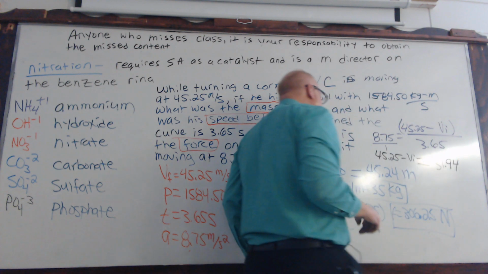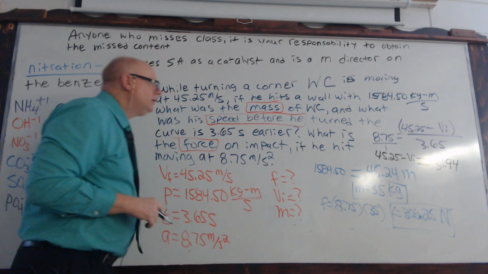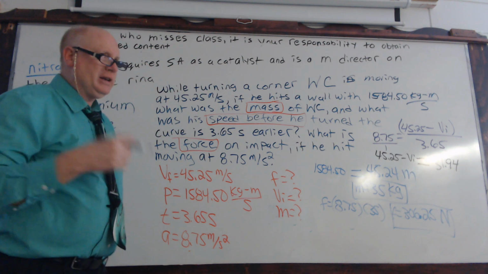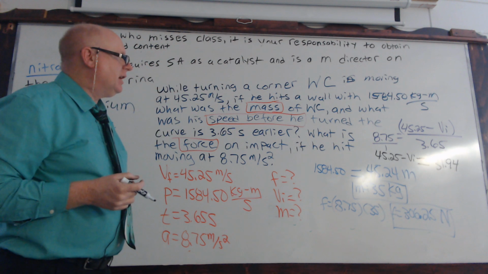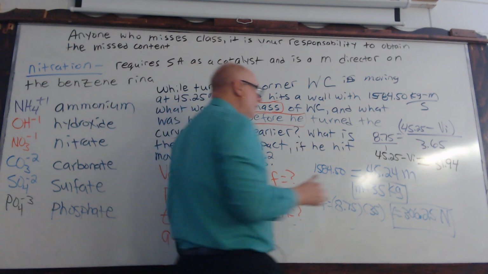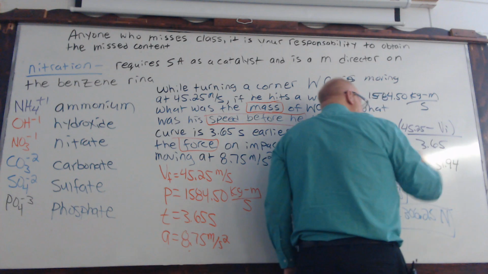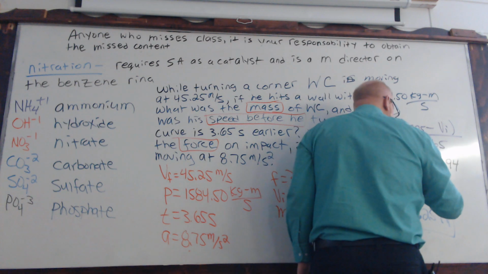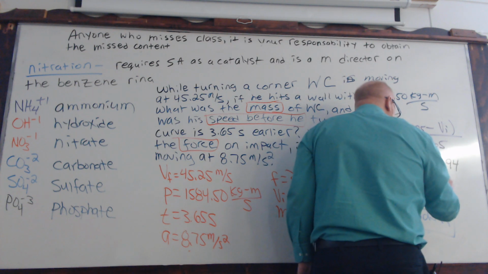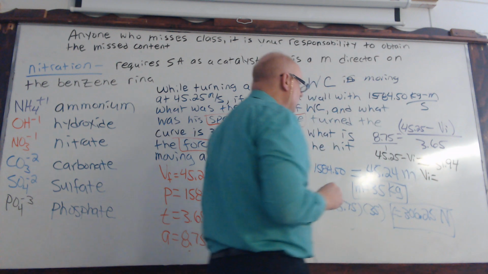So we got to get that VI all by itself. We would subtract each side, but that gives you a negative value. It's also negative on this side. So if it's negative on both sides, that means it becomes positive.